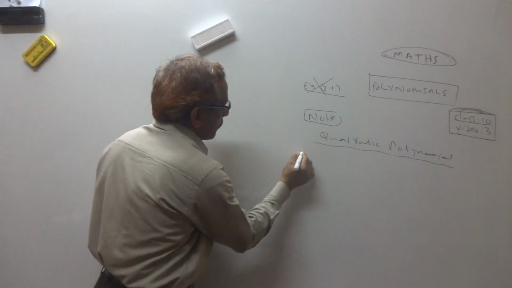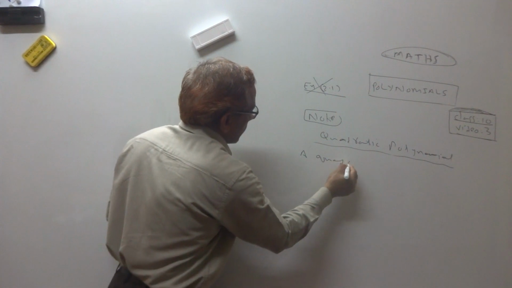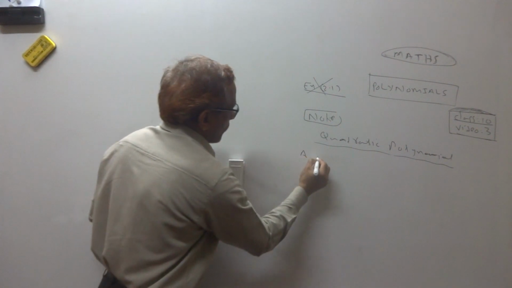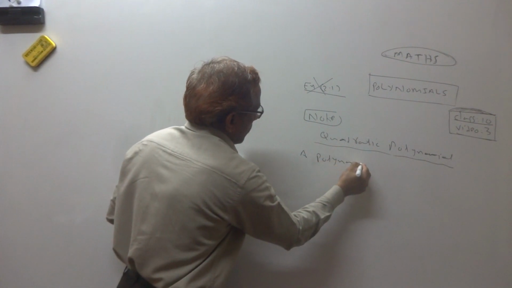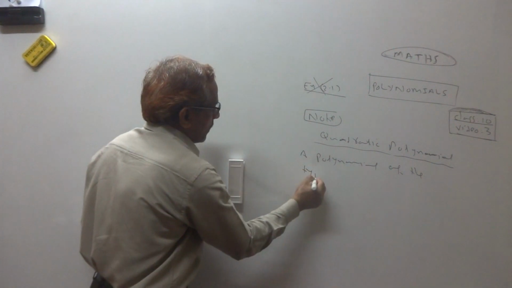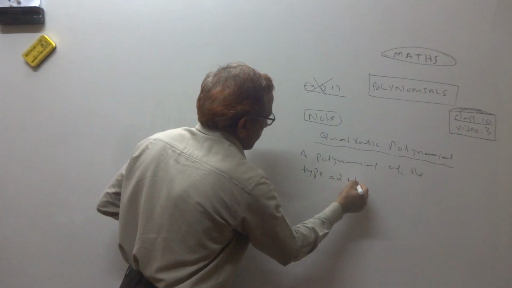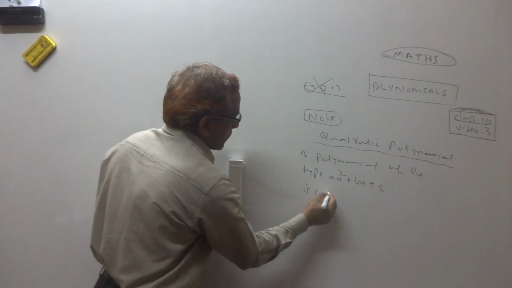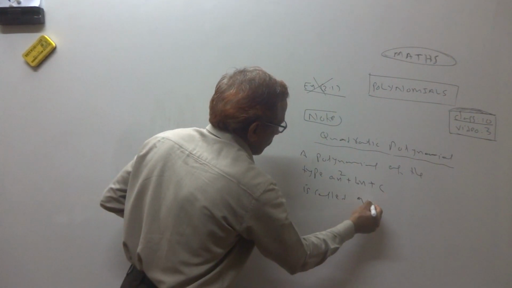See, what is the meaning of quadratic polynomial? You know that a polynomial of the type ax square plus bx plus c is called quadratic.